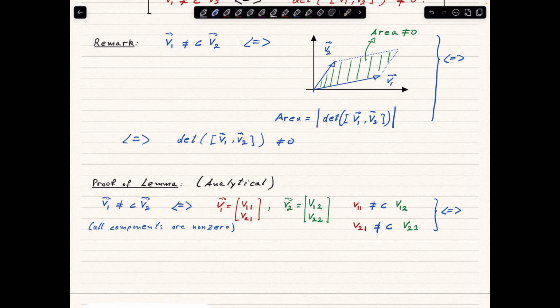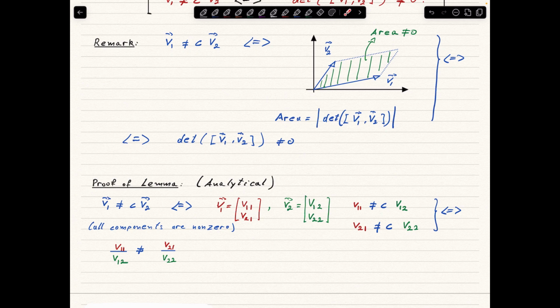So this condition is equivalent to saying that V11 divided by the other component, V12, has to be different from V21 over V22. We drop the V22 here, and this quotient has to be different from this quotient.